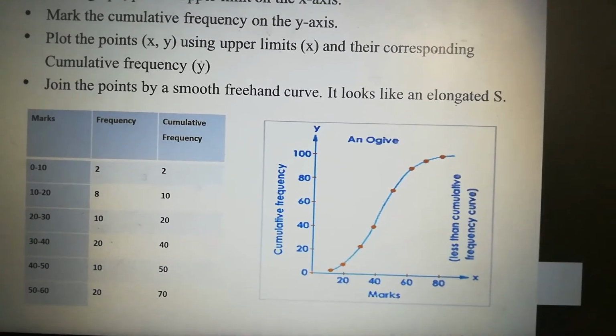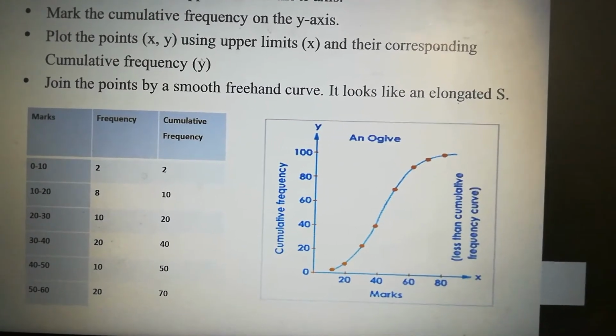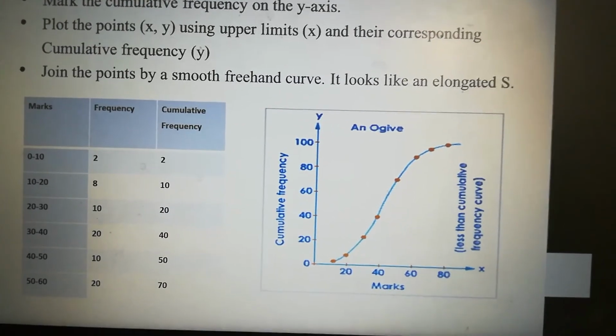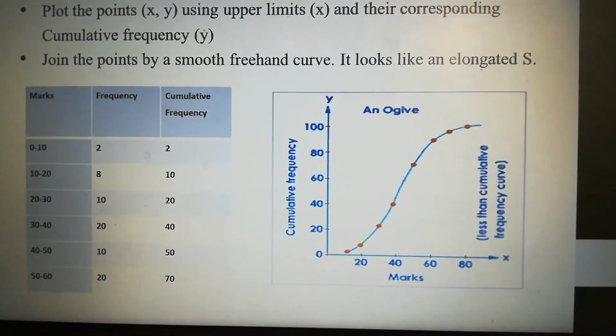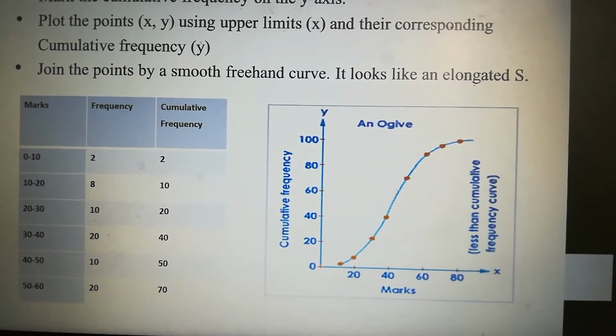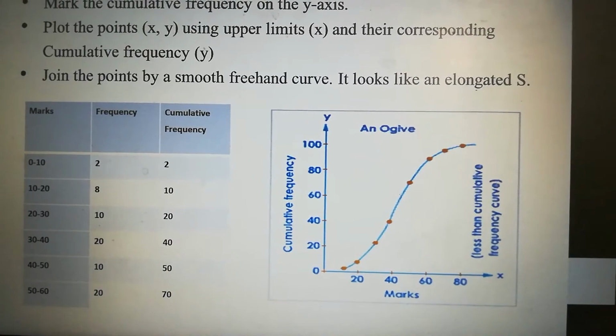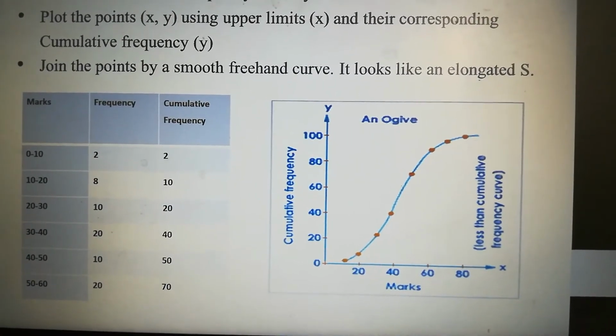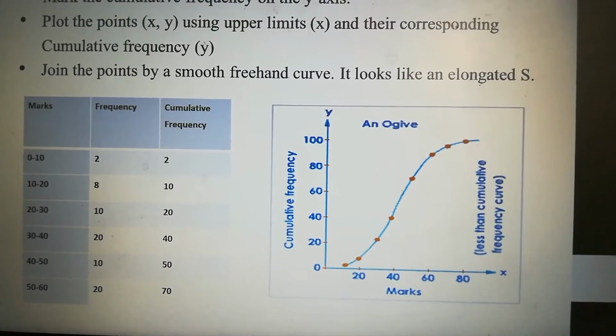So here we take the 50. So the range is 50. So we take the points. 50 is the cumulative frequency 50. So 50 people got less than 50 max. Got it? Once again I will tell you.